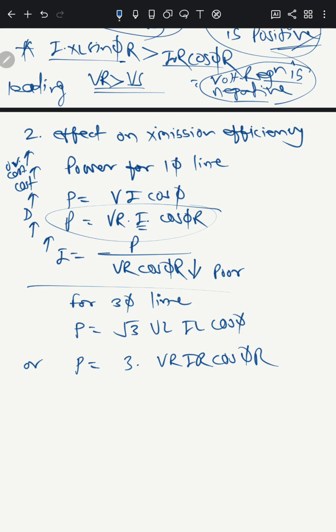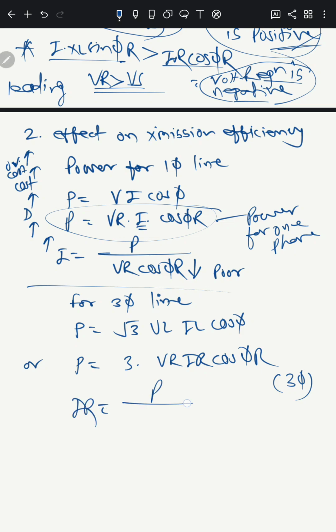Therefore, the power for three phase is 3 into VR IR cos phi R. And from here again we can write IR is equal to power divided by 3 into VR cos phi R.